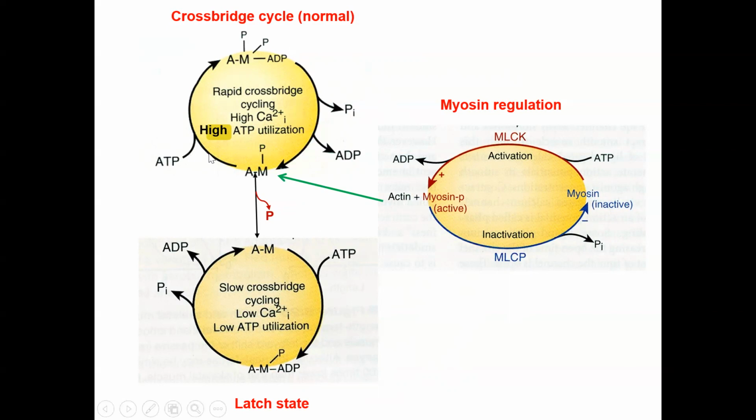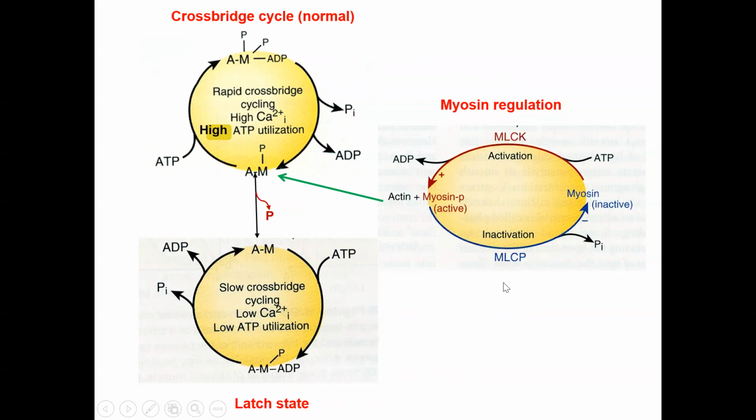Here, you must dephosphorylate the myosin light chain. The phosphorylation of myosin light chain initiated the cross-bridging, and cross-bridging stops if you dephosphorylate it. And then we have another enzyme which dephosphorylates the myosin light chain, and that is myosin light chain phosphatase.